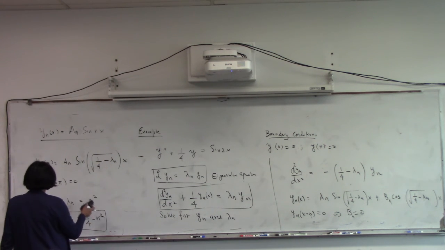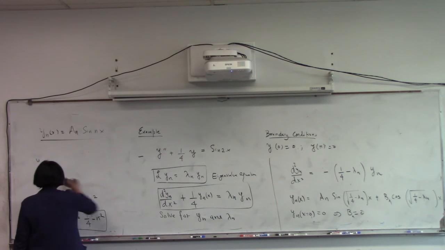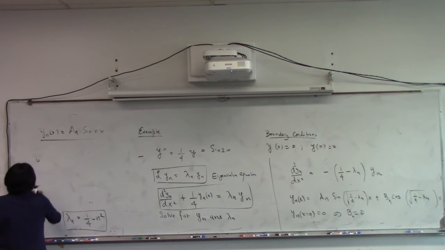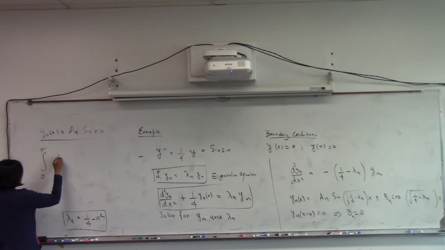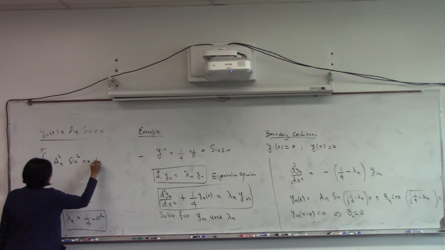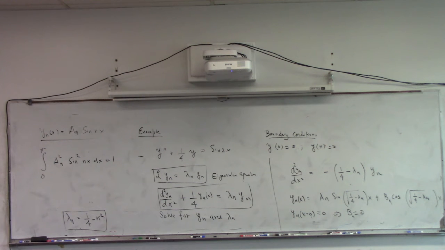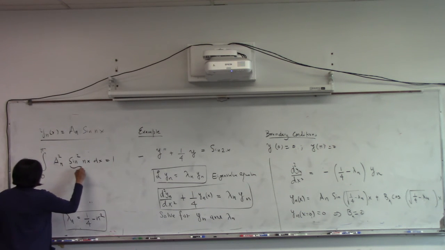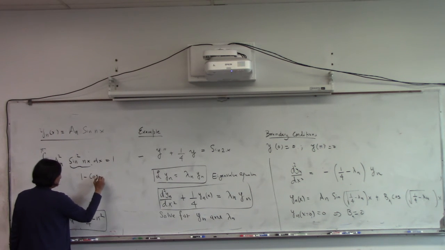So between 0 and pi, this is the domain which I'm trying to solve, I should have the integral of A n squared sine squared of n x dx equal to 1, normalized. So I can calculate A sub n. What is this? This is 1 minus cosine of 2 n x, over 2.